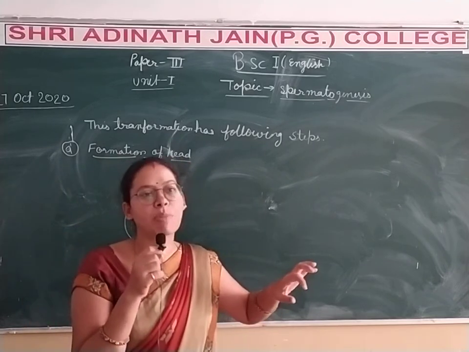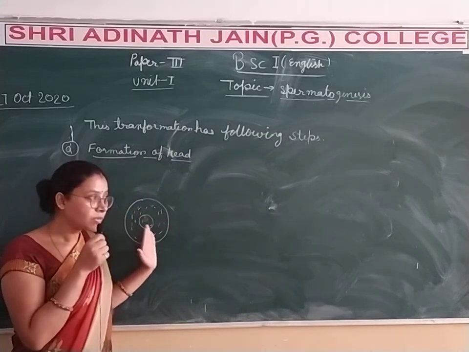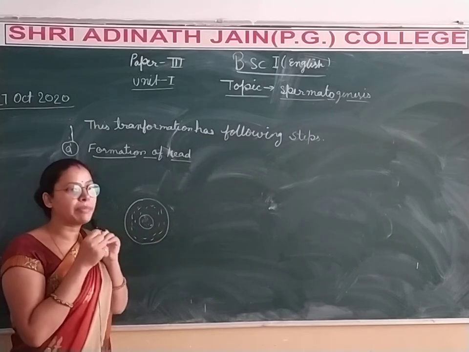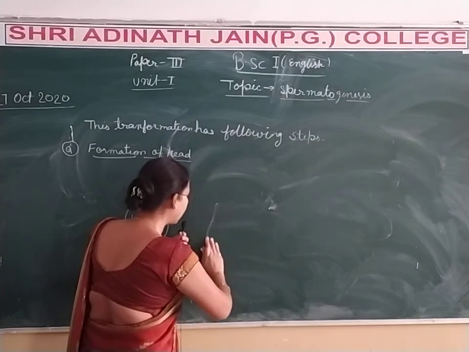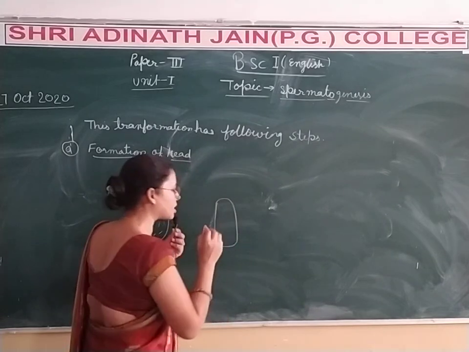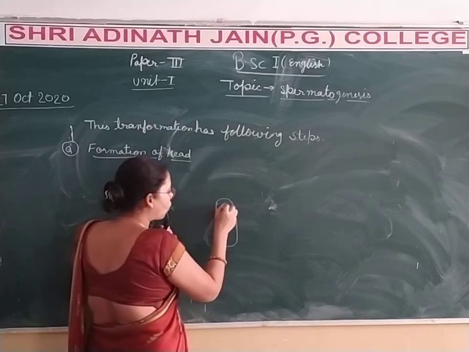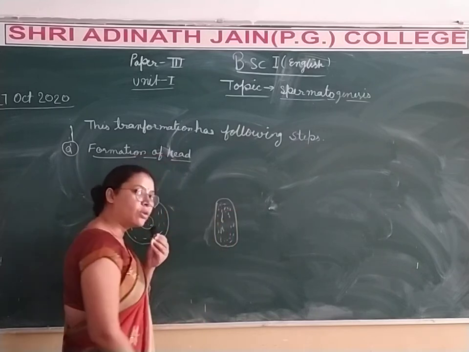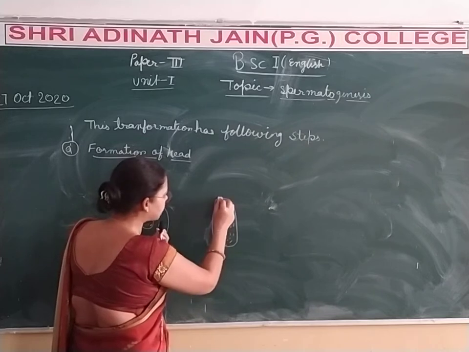Whatever excess material is there has to be lost. It is removed, and due to the removal of these things, the cell becomes elongated. Only the nucleus is present in this cell, and its axis part.